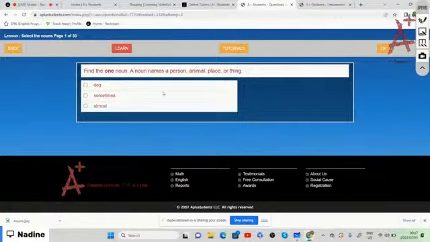So we need to identify the noun within these three options: dog, sometimes, almost. You need to find one noun, only one.